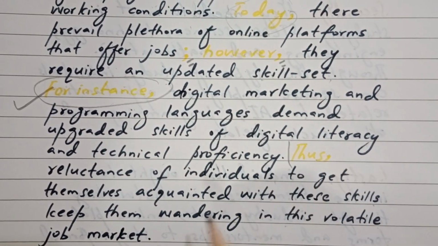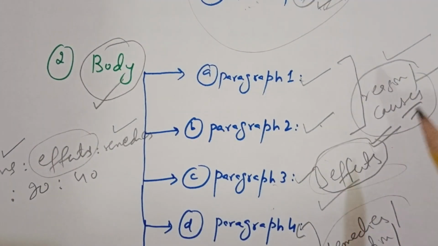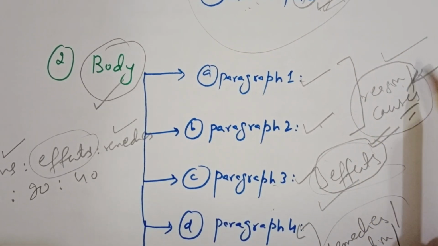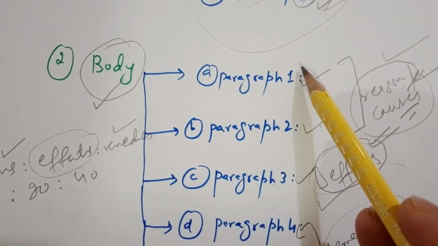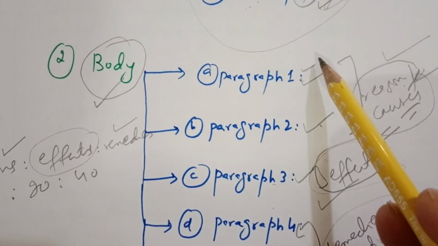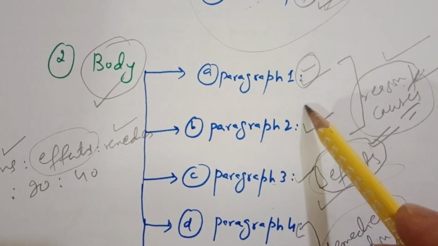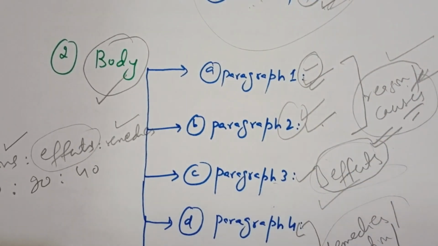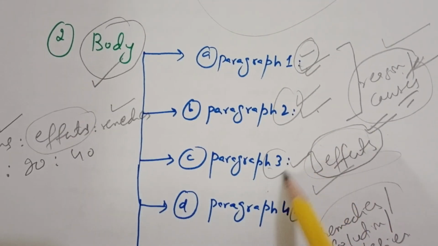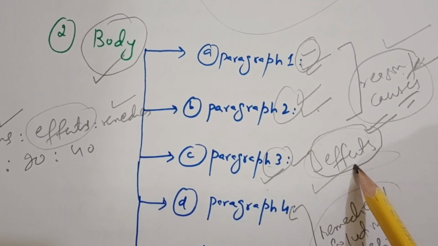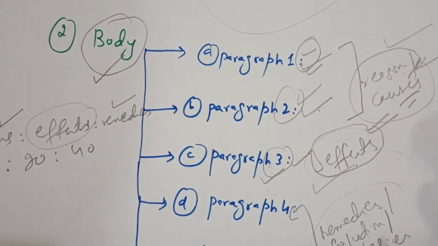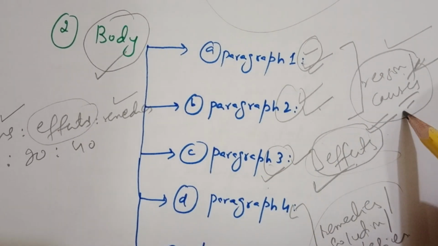Now, this is the concluding sentence after narrating the causes or the reasons in the first paragraph and in the second paragraph. We will move on to the third paragraph, which is dedicated to the effects behind this shift. Now see, these effects are related to the causes.